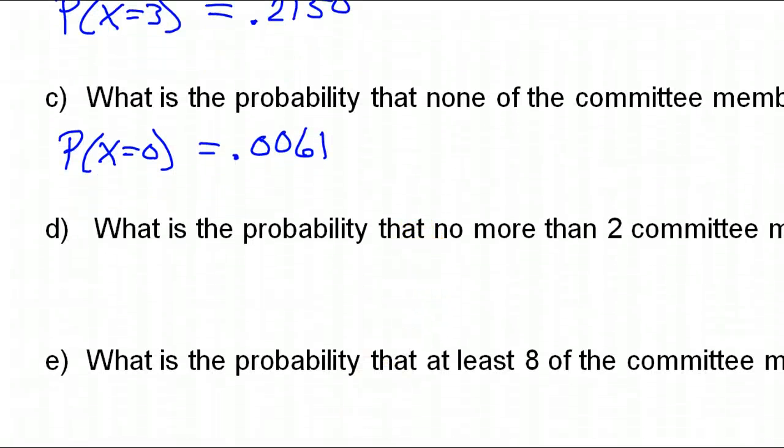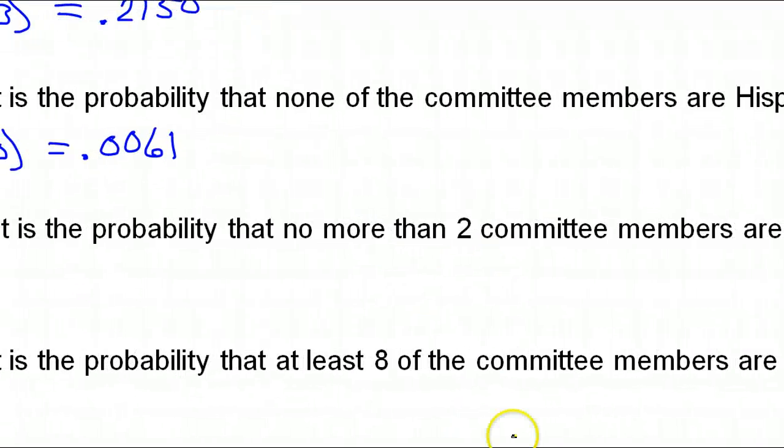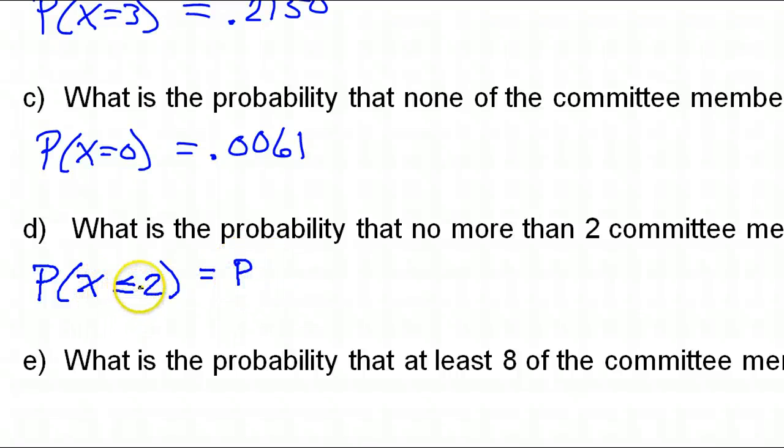Okay, what is the probability that no more than 2 committee members are Hispanic? No more than 2. That means 2 or less. So always start with the symbols. So that means the probability that x is less than or equal to 2. Now, when I have an inequality like this, I'm going to be adding all the probabilities that are less than or equal to 2.